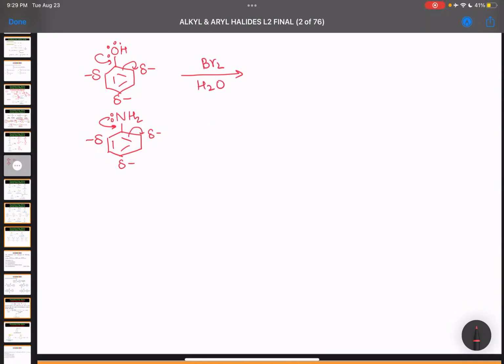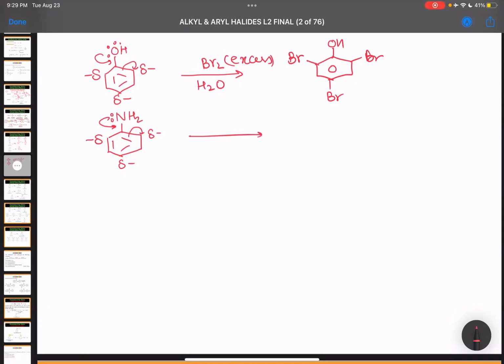One more thing which you will notice here is that the reaction will occur simultaneously at three positions, because these rings are very highly electron rich, because of the electron donation by these groups.